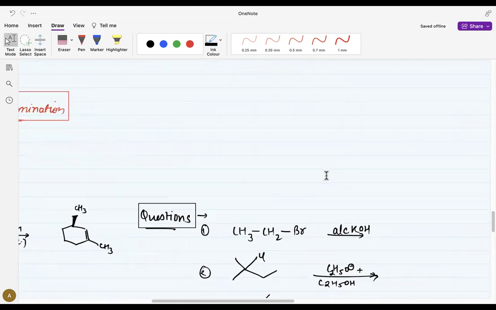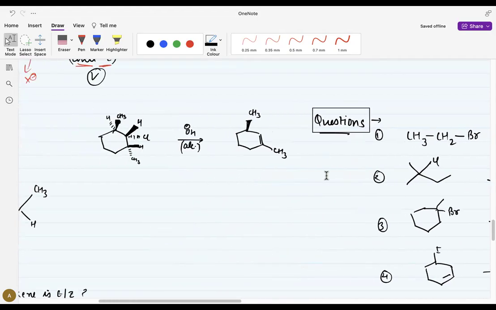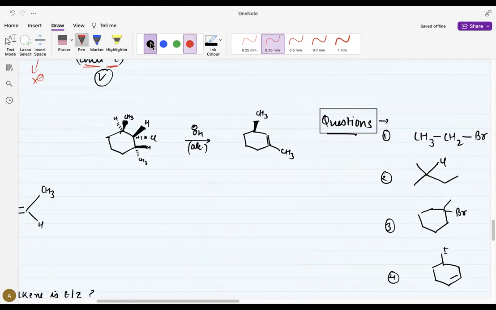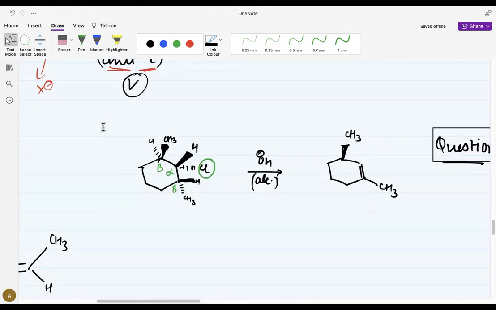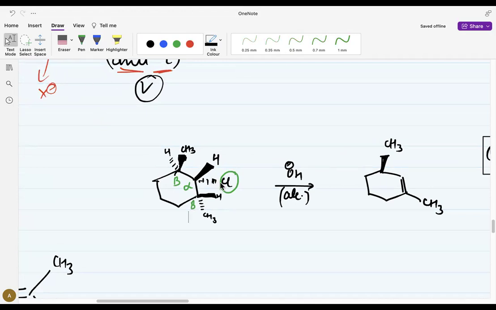देखिए, one example will do. Let's say I have this chlorine, this is alpha carbon, this is beta carbon, this is beta carbon, and on the arrow it is written alcoholic KOH. मेरे को अब हाइड्रोजन लेना है, I have to take hydrogen from beta carbon.